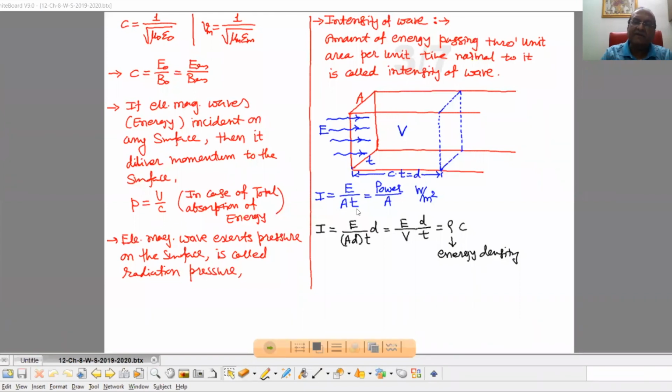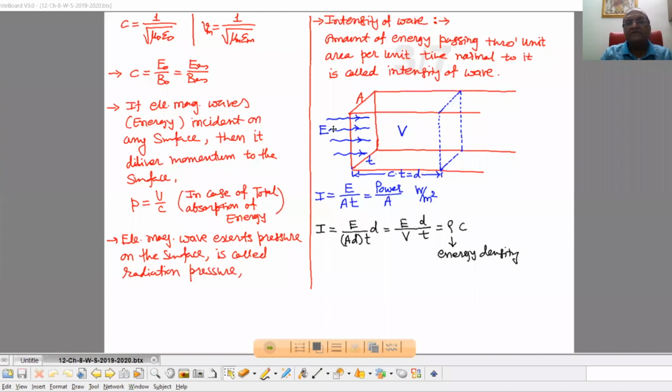Again, divide by T, meaning energy per unit area per unit time. Now, energy upon time is called power. So we can write the equation of intensity as E upon A into T, or intensity is power upon area. The unit will be watt per meter square.